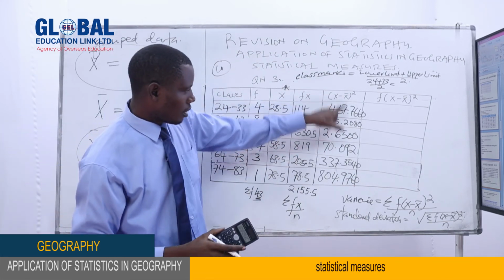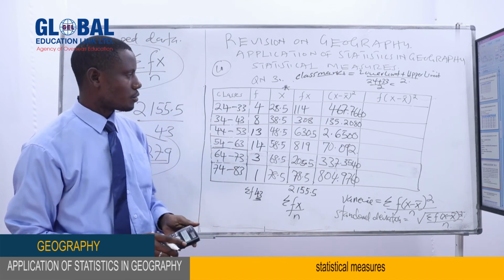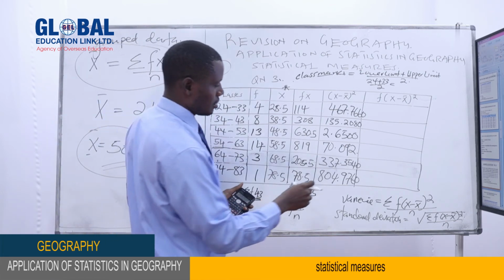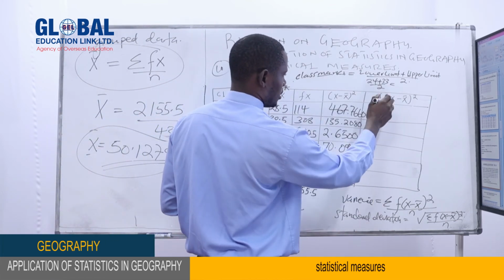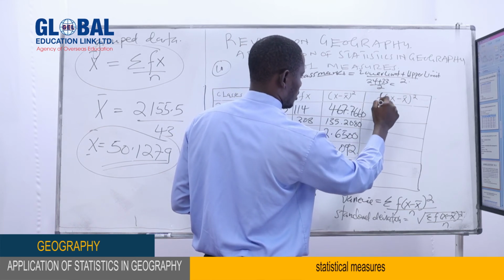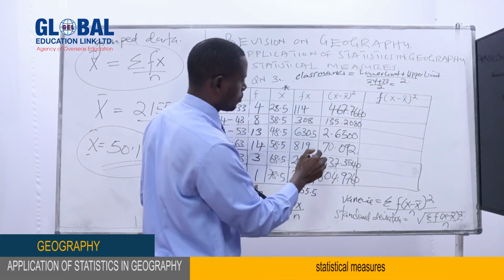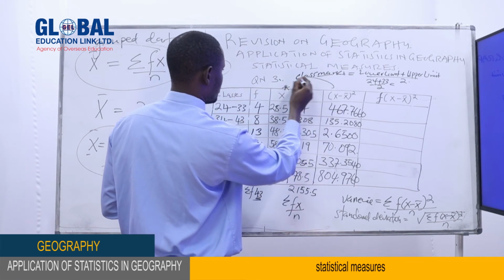So for that particular column, there's no summation that we're supposed to do. What we do for that particular column, we are much interested in the next column, which is f times that particular group. So we take that f times that one.